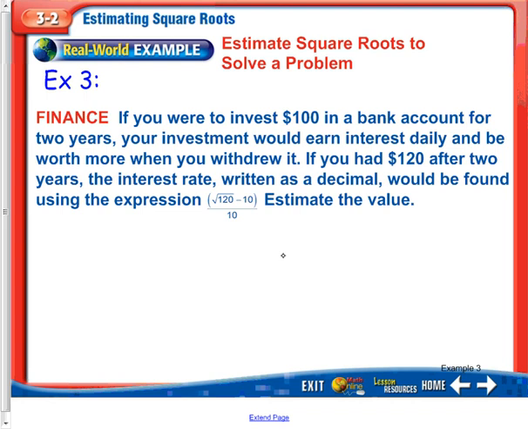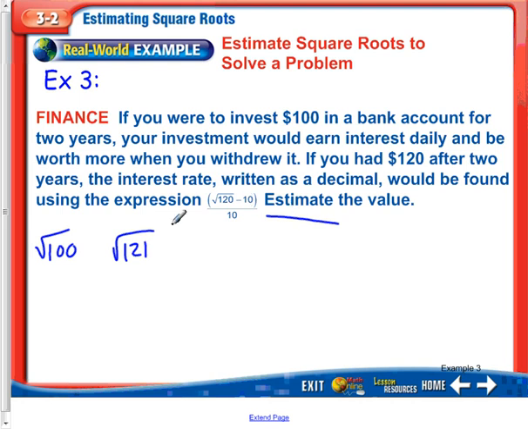And it says here it wants us to estimate the value, so we'll go ahead and do that. First thing we need to do when we're thinking about estimation is take care of this 120. So square root of 120, well, I know that the square root of 100 is pretty close, and that's 10 times 10. So 11 times 11 is the square root of 121.